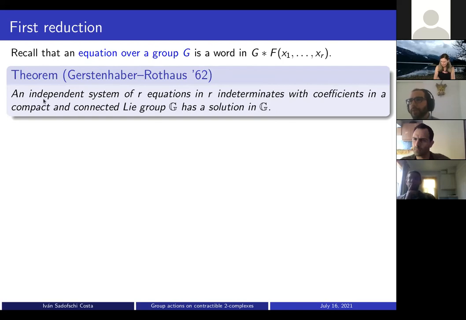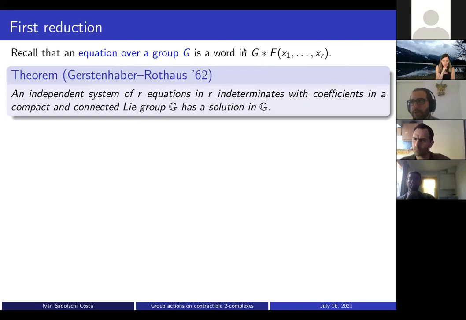A system is simply r equations, and a system is said to be independent if a certain matrix has non-zero determinant. This matrix has, at the i-th row and j-th column, the total exponent of the generator x_j in the i-th equation. So it is very natural.